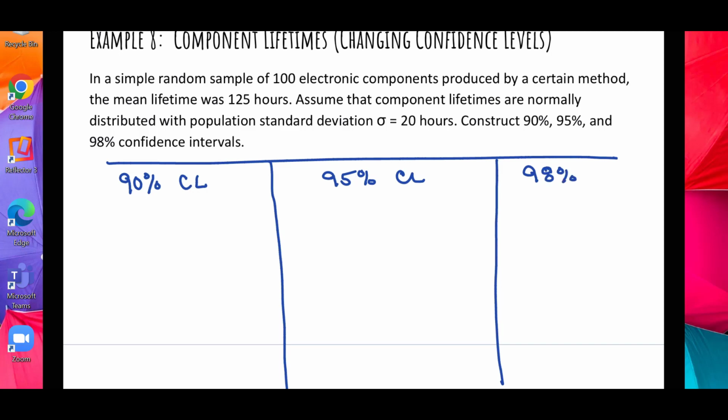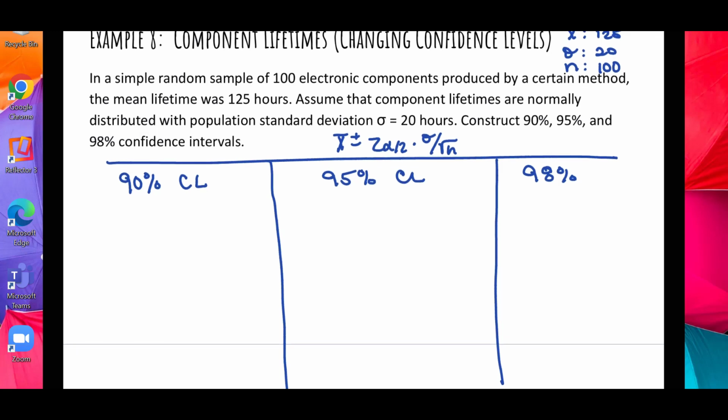So for each of these, the sample mean is 125, the standard deviation is 20, and the sample size is 100. The sample size is big enough, and they do give us a population standard deviation, so we can use our x bar plus or minus z alpha over 2 times sigma over square root of n as our formula.